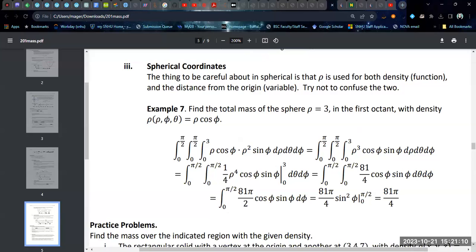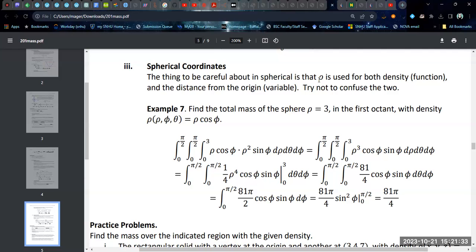And then finally, we'll also look at one in spherical coordinates. Now, where things can get a little bit complicated is that rho is typically the name we give to the density function, but rho here is also a variable, the distance from the origin in 3 dimensions.